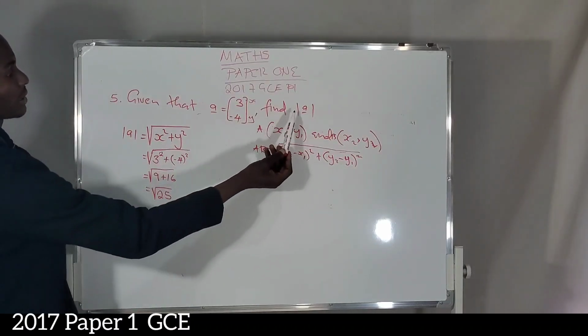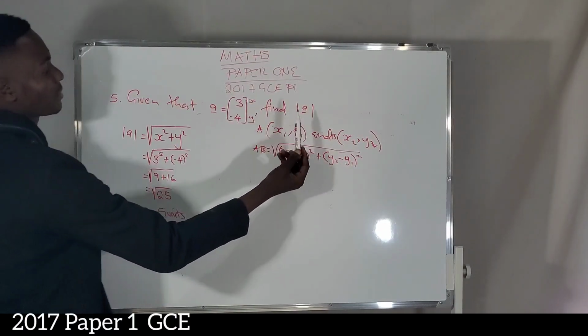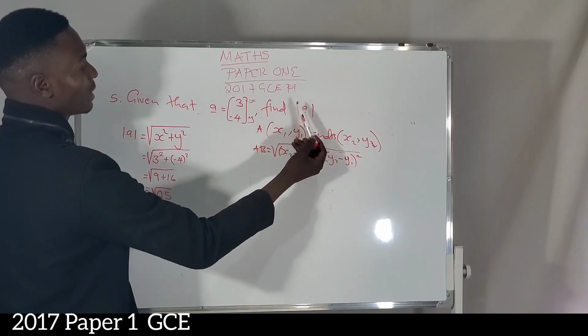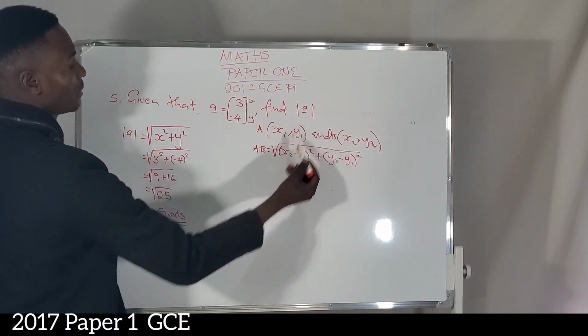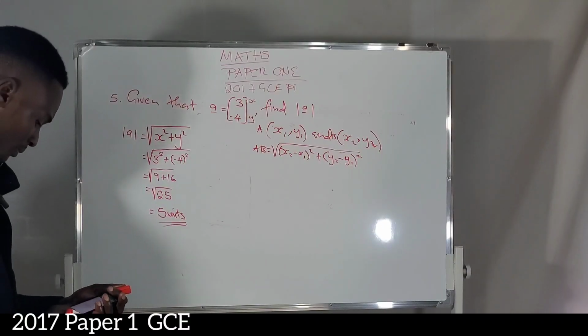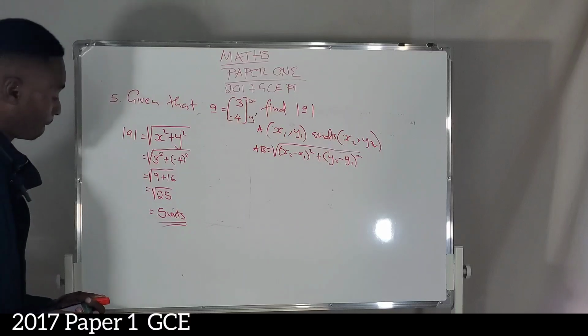Sometimes they don't say find this. Sometimes they just say find the magnitude of A. The magnitude of A is the same as the absolute value of A. So the answer is just 5. Let's go to question 6.